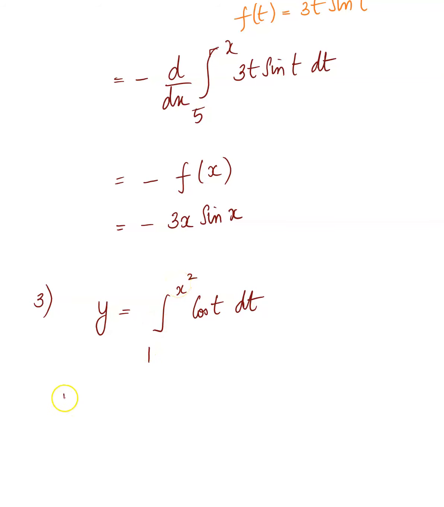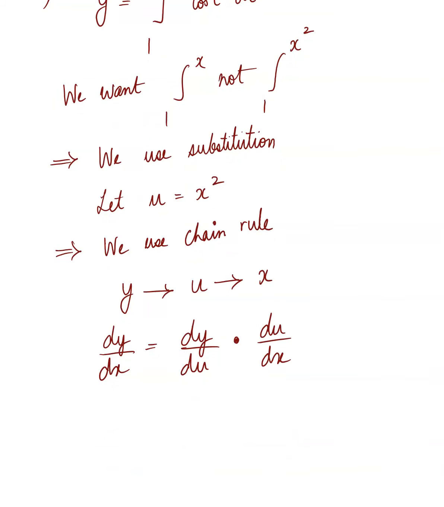Remember the chain rule? Because of the substitution, you have one layer to insert. That means we'll take the derivative with respect to u, not with respect to x as we did before, because you are replacing your x squared with a u. Cosine t dt times du over dx.